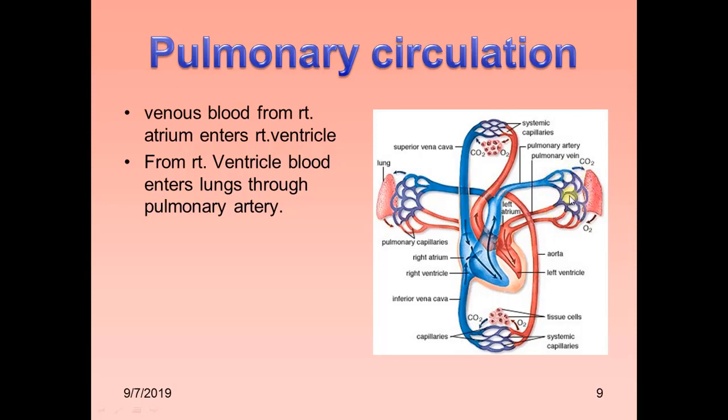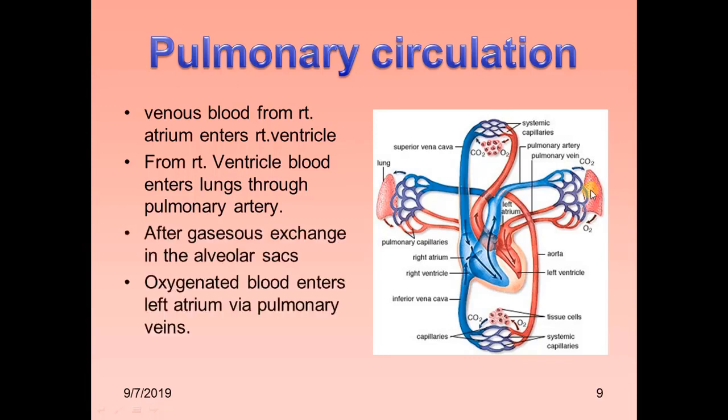Near the alveolar sacs, a capillary plexus surrounds each alveolar sac, where the exchange of carbon dioxide and oxygen takes place. The oxygenated blood starts from the post-capillary plexus and venules, and the pulmonary veins are formed. There are two pulmonary veins for each lung, whereas only one pulmonary artery for each lung. Ultimately four pulmonary veins from both lungs end in the left atrium.